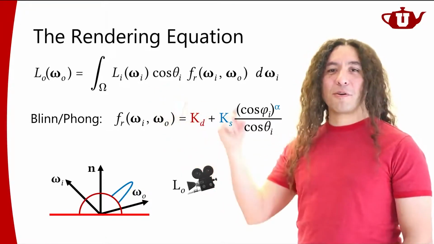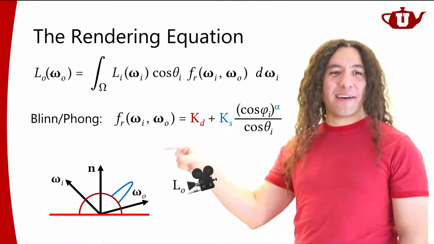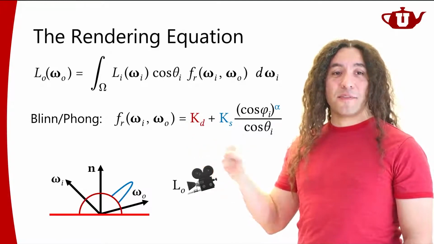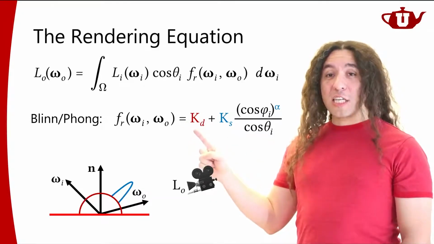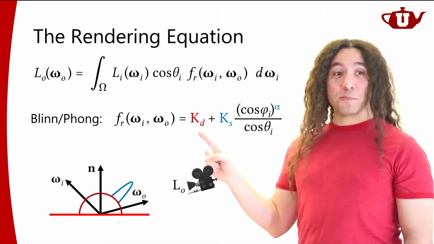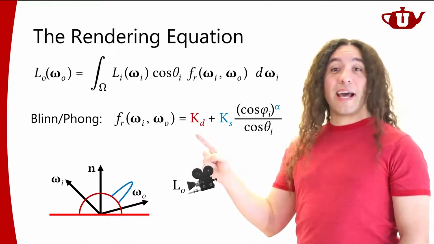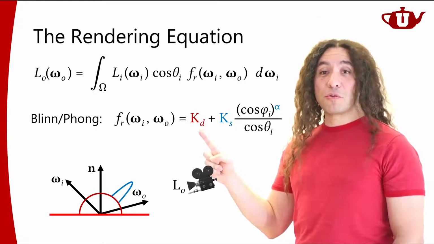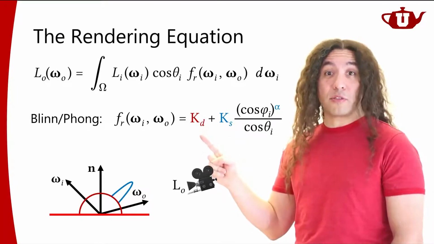And if you include this cosine term, you will see that we're going to have a pi term in there to be able to normalize this diffuse reflectance. So just putting 1, 1, 1 white as the diffuse reflectance is going to produce too much reflectance off of this surface.